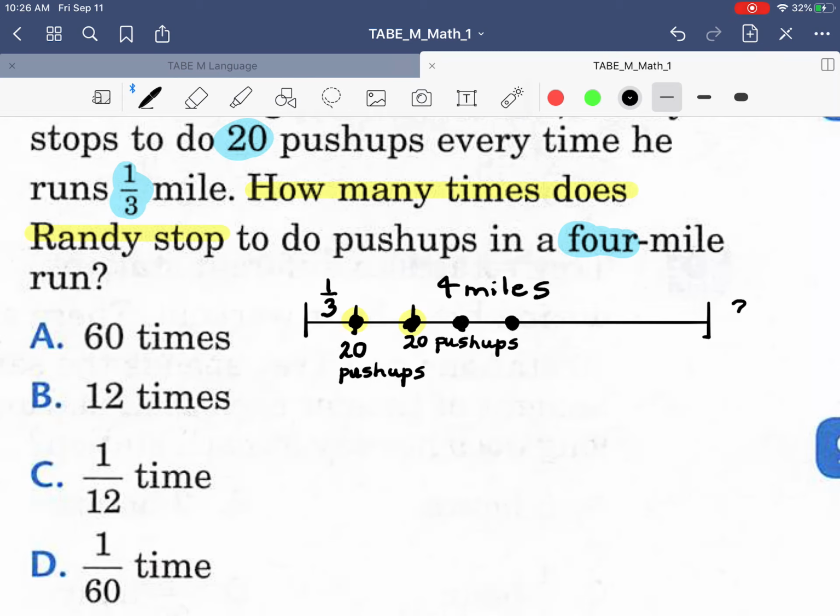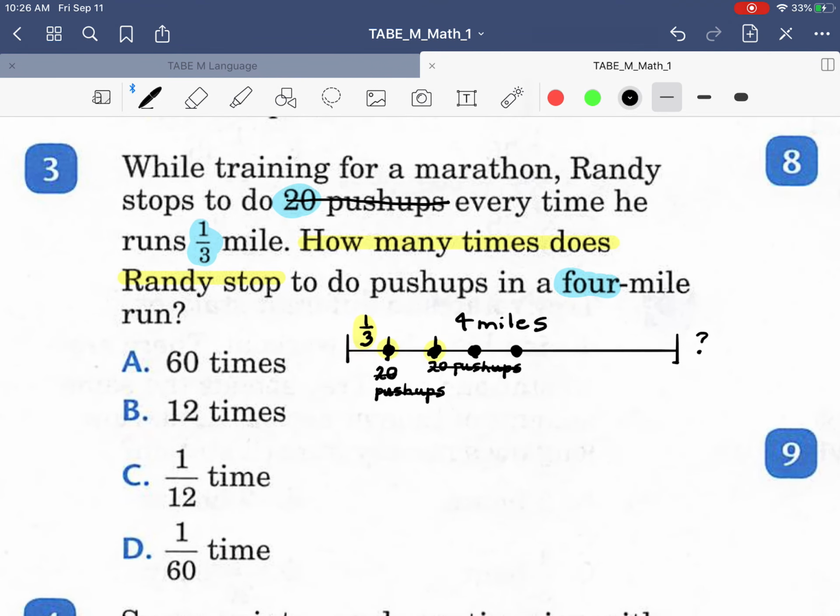We're looking for the dots. And what goes with the dots? It's the 1/3. I'm not interested in how many push-ups he's able to do. I'm interested in how many dots are along the line. So the 20 is the distractor.